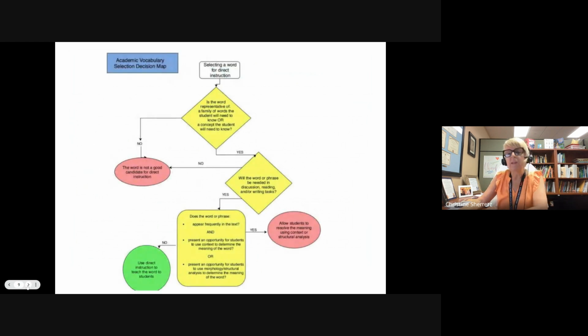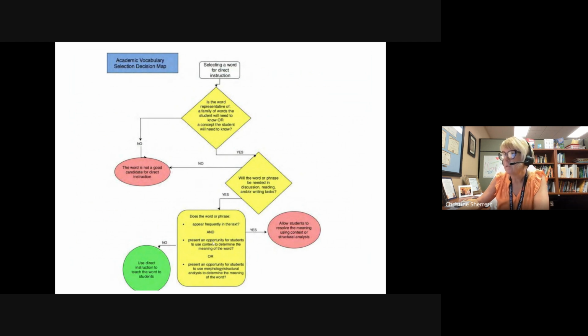This is a diagram that is in the Florida B.E.S.T. Standards. When we think about what we need for direct instruction, some vocabulary can be taught in context while others need direct instruction. Is the word representative of a family of words or a concept the student will need to know? If yes, will the word or phrase be needed in discussions?